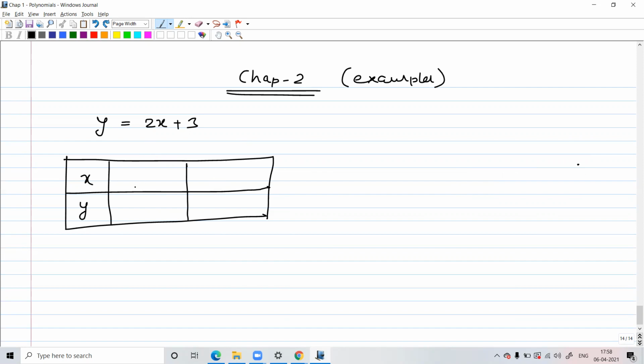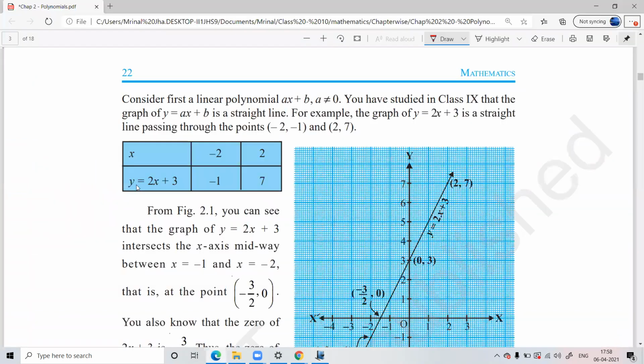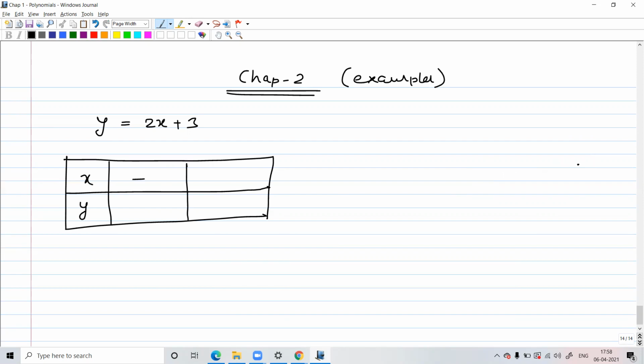Now let's put some values of x. Let's take the same values which they have taken here so that there is no confusion. So let's say when I put x equal to minus 2, find the value of y. What will be y?